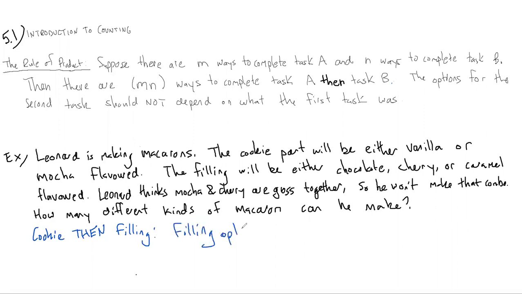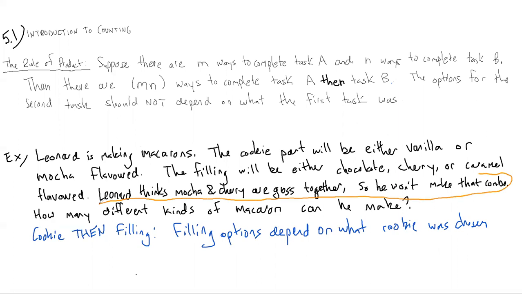So my filling options depend on what cookie was chosen. So the problem here is that because of this line, the rule of product actually isn't going to apply now. So I'll just do something different.